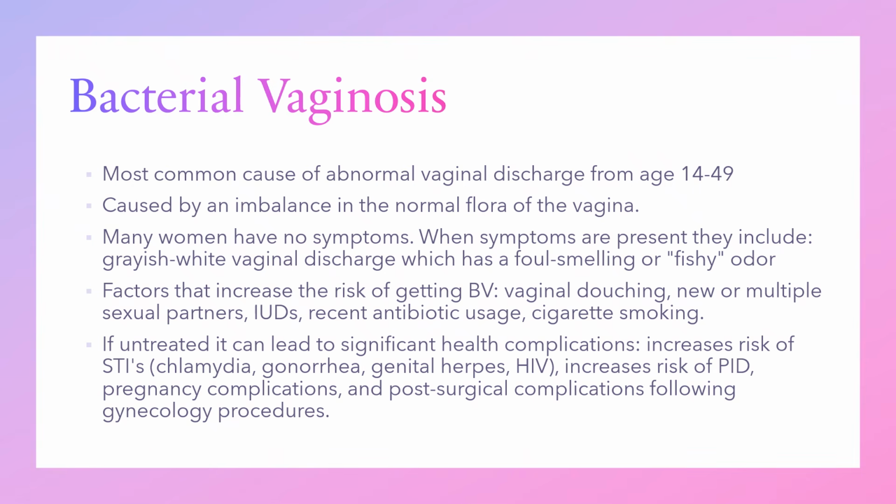The normal pH of the vagina ranges from 3.8 to 4.5, which is considered mildly acidic, and it works to repress the growth of these harmful anaerobic bacteria. So when that pH, instead of being acidic, turns alkalotic, then it's going to create a better place for bacteria to live and grow and thrive.